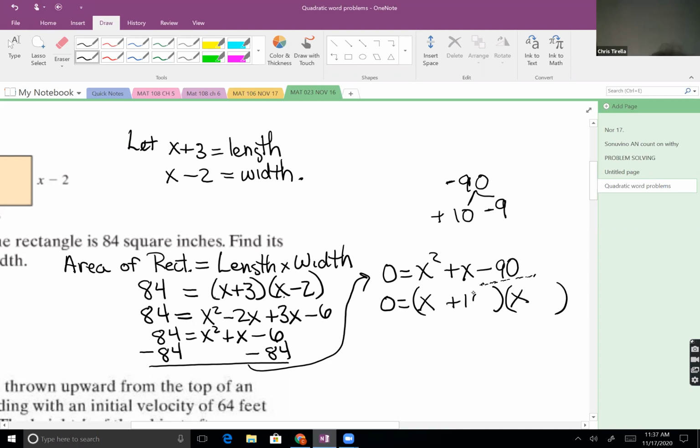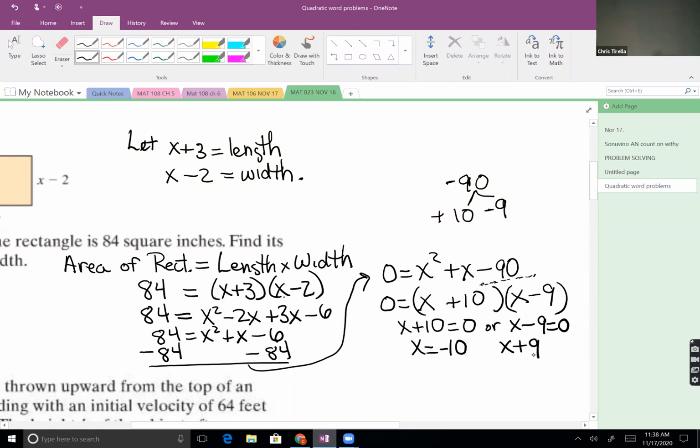So I get x plus 10, x minus 9. If they multiply to 0, then x plus 10 can equal 0, or x minus 9 can equal 0. First one we'd subtract and get x equals negative 10. Second one we'd add and we'd get x equals 9.